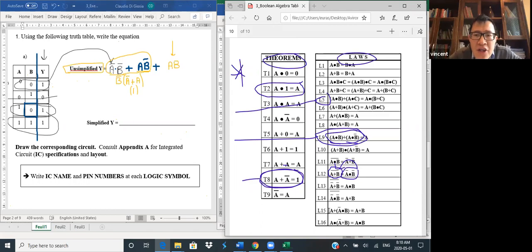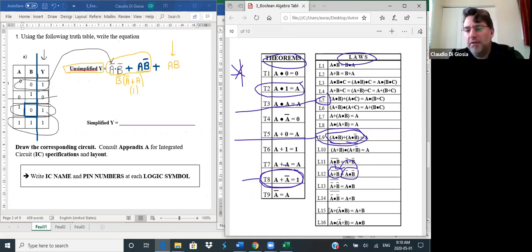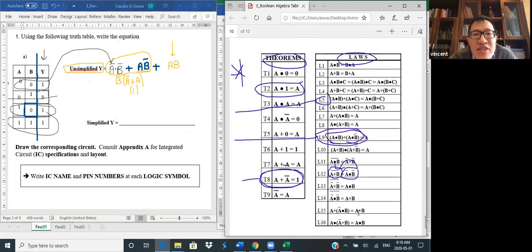Sorry, sir. If you use the truth table, I can prove it. But I want you to use the theorems to get the result from the theorems.